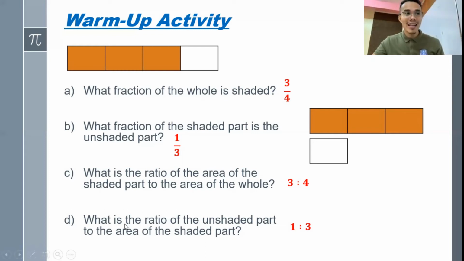Letter B and letter D, the ratio of the unshaded part to the shaded part is 1 to 3. So we say that the unshaded part is 1/3 of the shaded part. So that's the relationship that I want you to see between ratio and fraction.